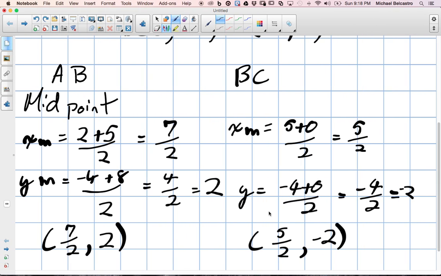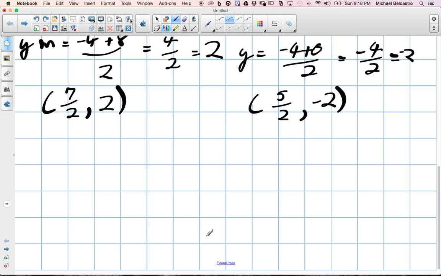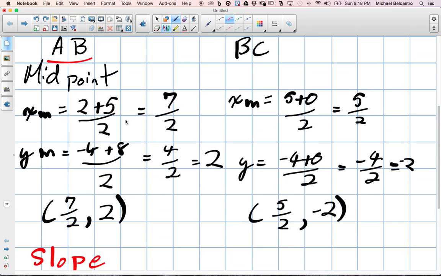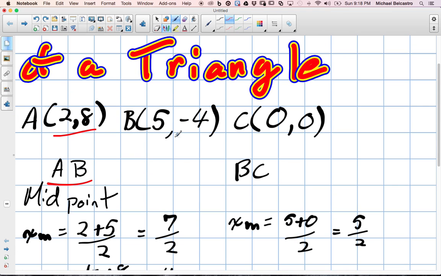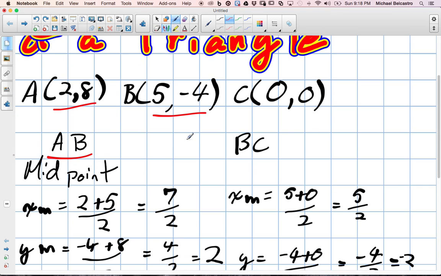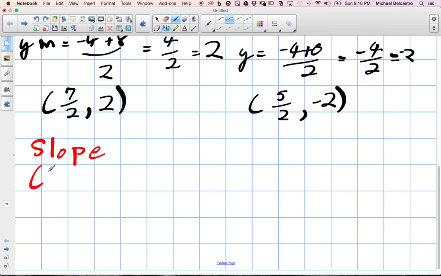The next thing we have to do is find out the slopes of both of these. I'll find out the slope of AB first, because in order to find a perpendicular bisector, we need a perpendicular slope. So we're going to focus on AB again. That's (2, 8) and (5, -4).